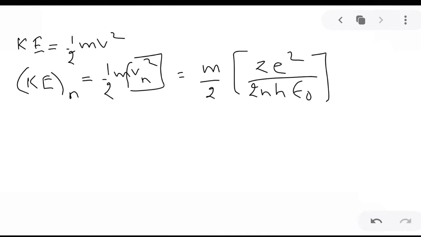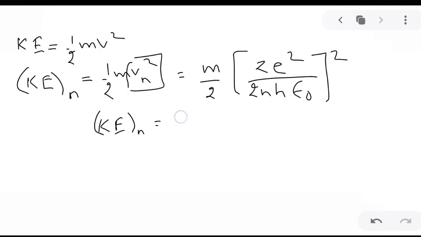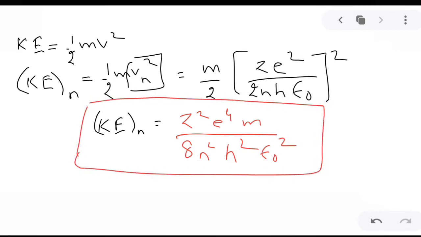This is the velocity of the electron in nth orbit, so vn square will be its square. If you simplify this, the kinetic energy of electron in nth orbit will be z square e power 4 m divided by 8 n square h square epsilon naught square. So this is the expression for the kinetic energy.